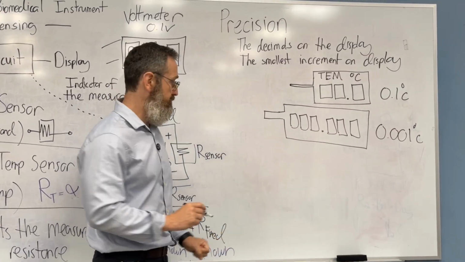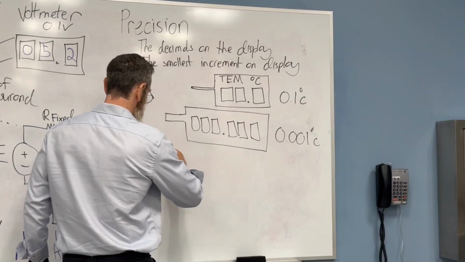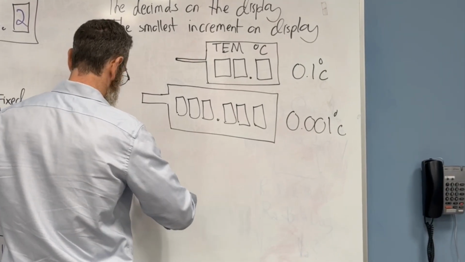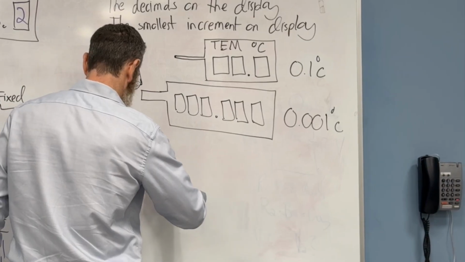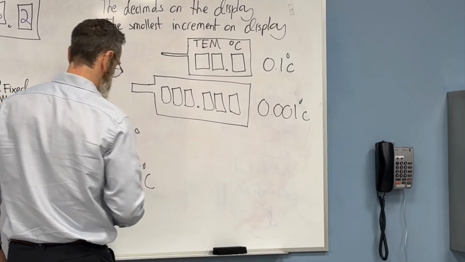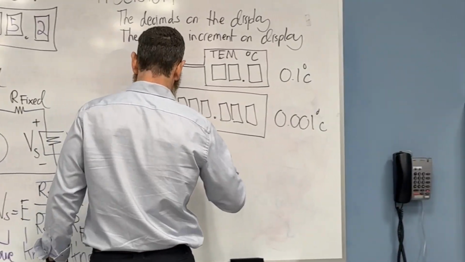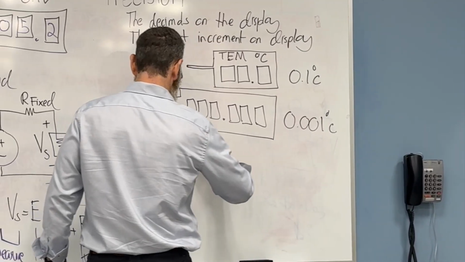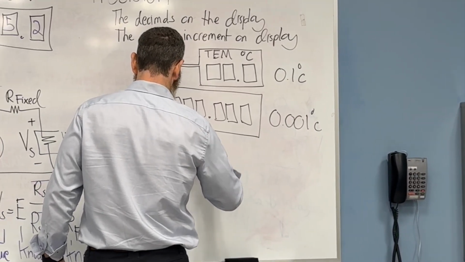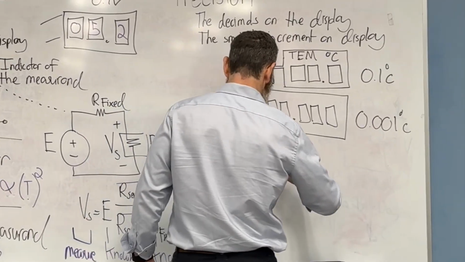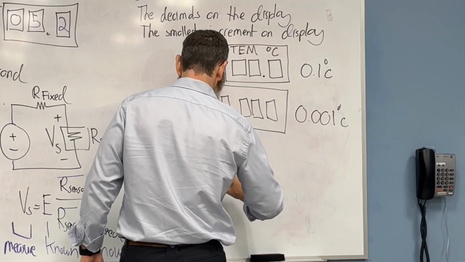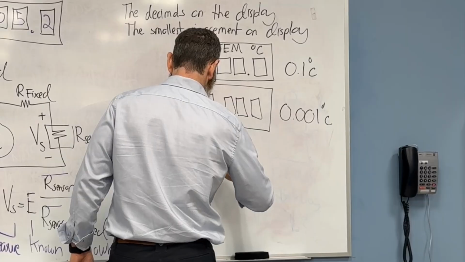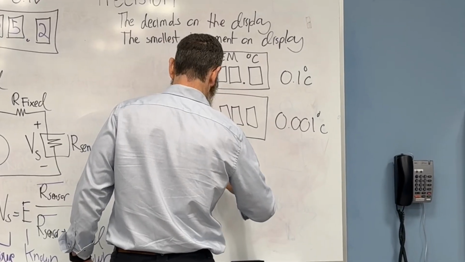Let's talk about what your implementation does. When the temperature is 25 degrees, the voltage out is 5.01.